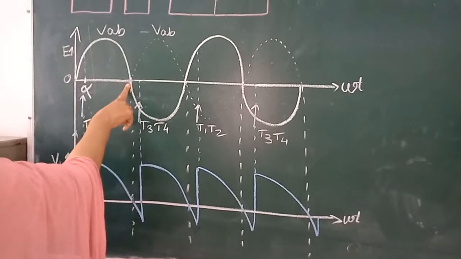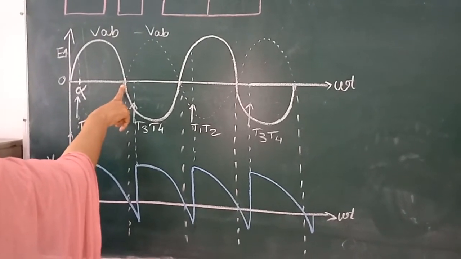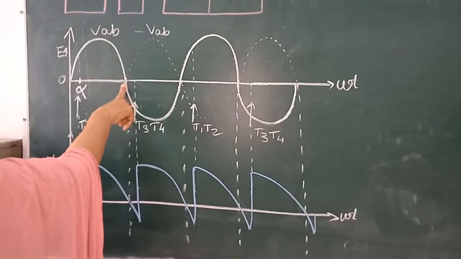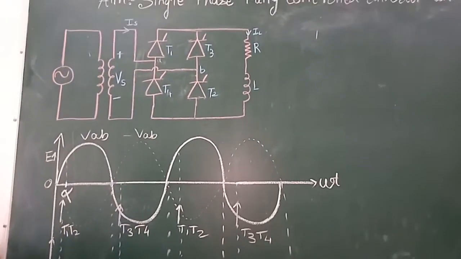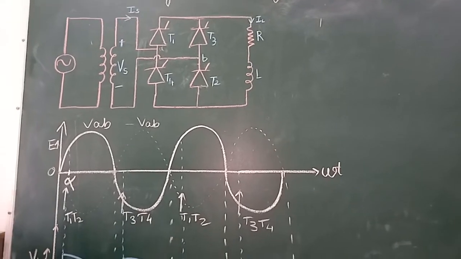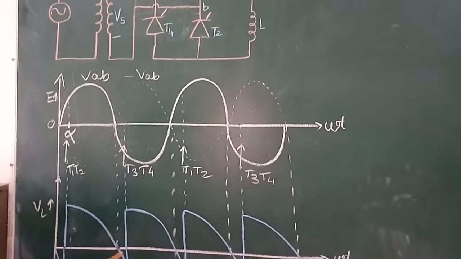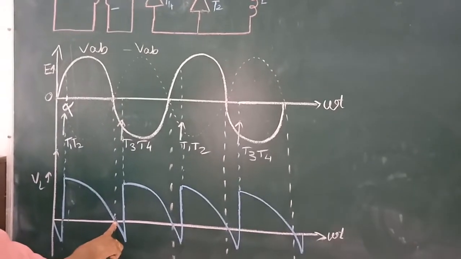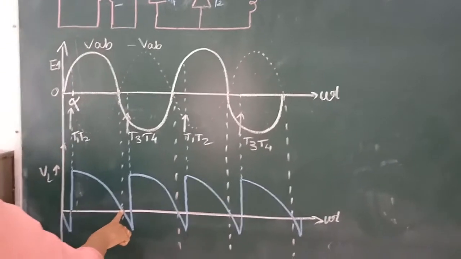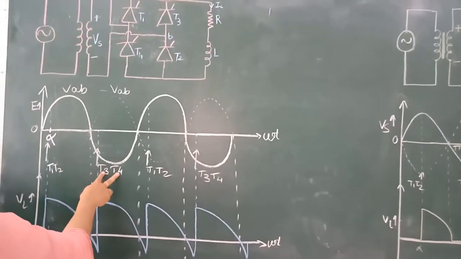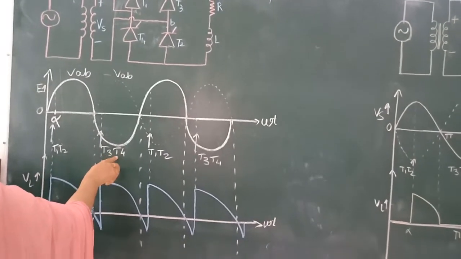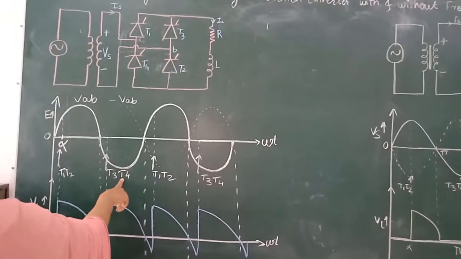At omega t equals pi, T1 and T2 should be reverse biased, but as the load is inductive in nature, the output is not 0 at this instant, and T1 and T2 continue to conduct till the second two thyristors, that is T3 and T4, are triggered.